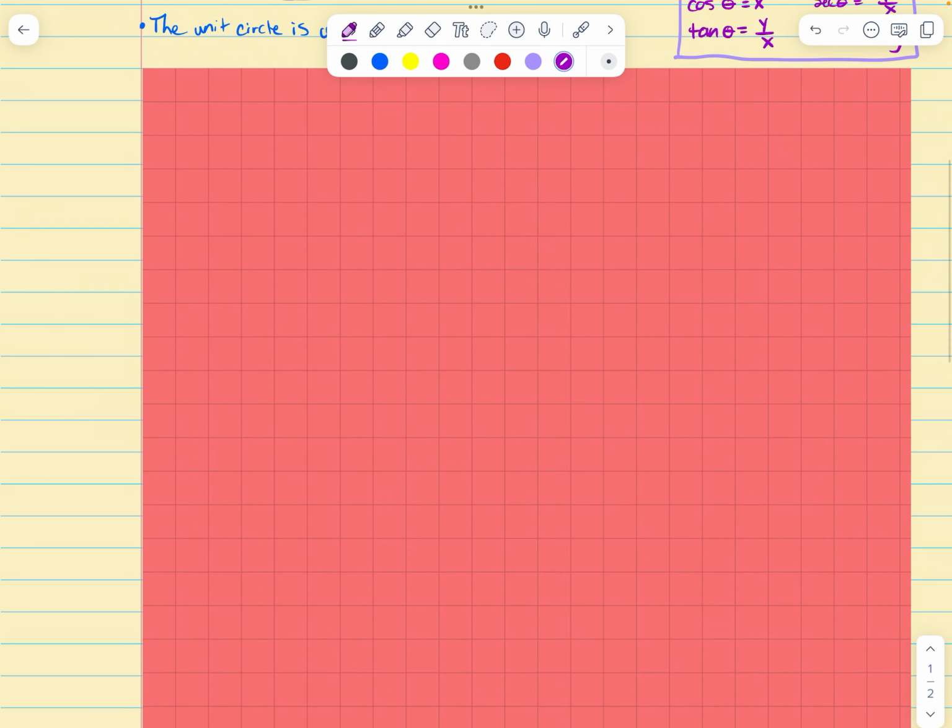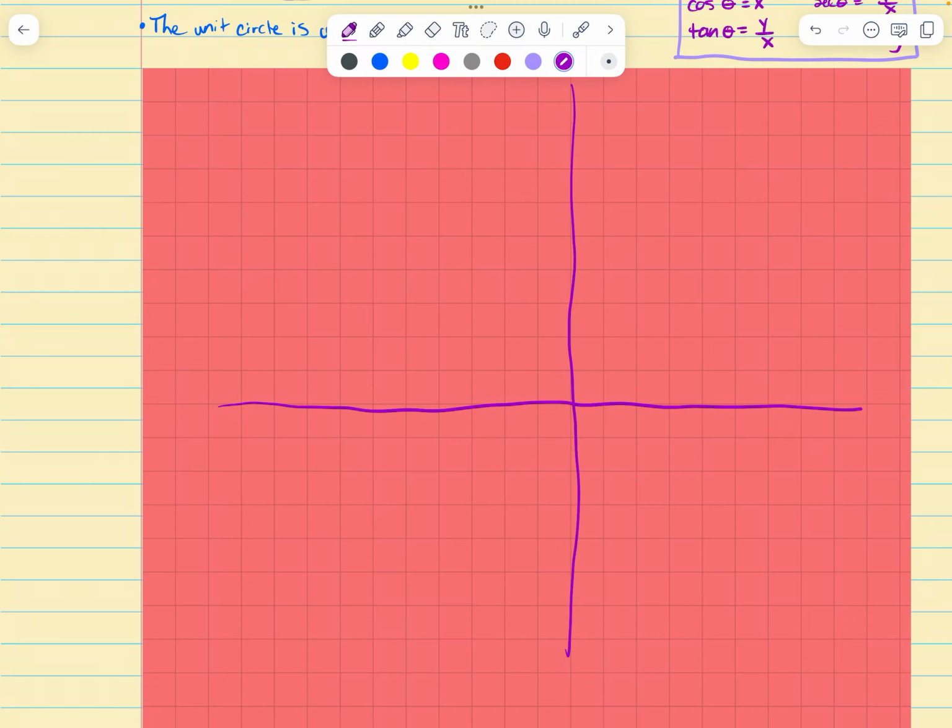So when we do our unit circle, we're going to do it on here. All right, it's not perfect, but we're drawing our circle. Remember, the distance from the origin to the point on the line, this distance is 1, right? That's where we get 1, 0.